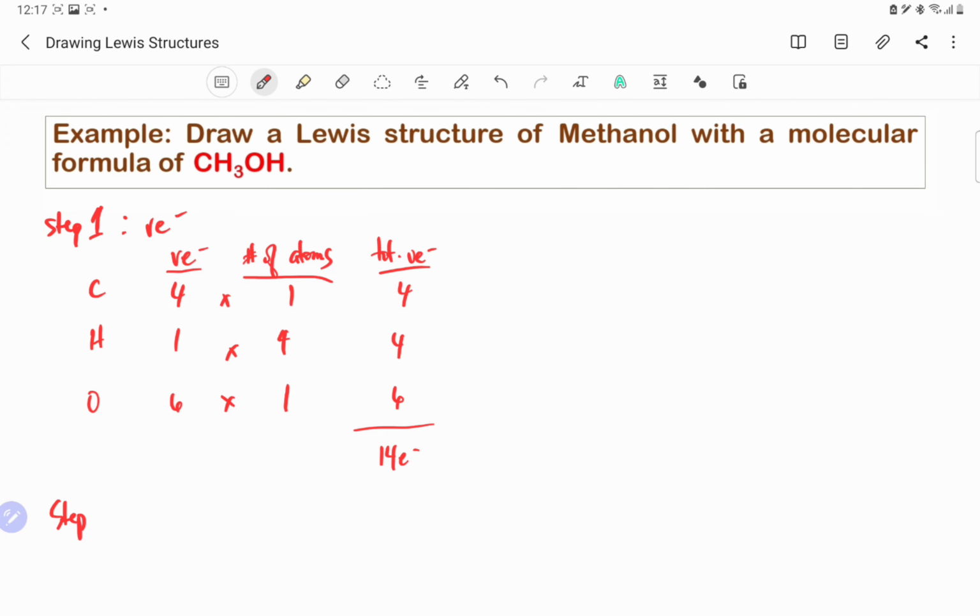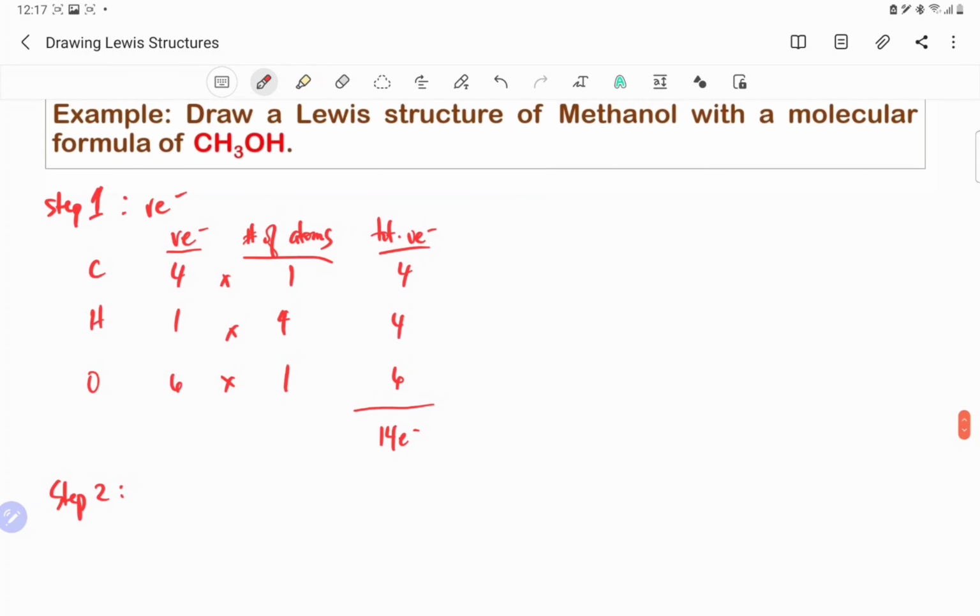Okay, so step 2, you need to draw the preliminary structure that is symmetrical. The preliminary structure would look like this. This is the most symmetrical way because you have a plane of symmetry around this axis. We need to draw single bonds.